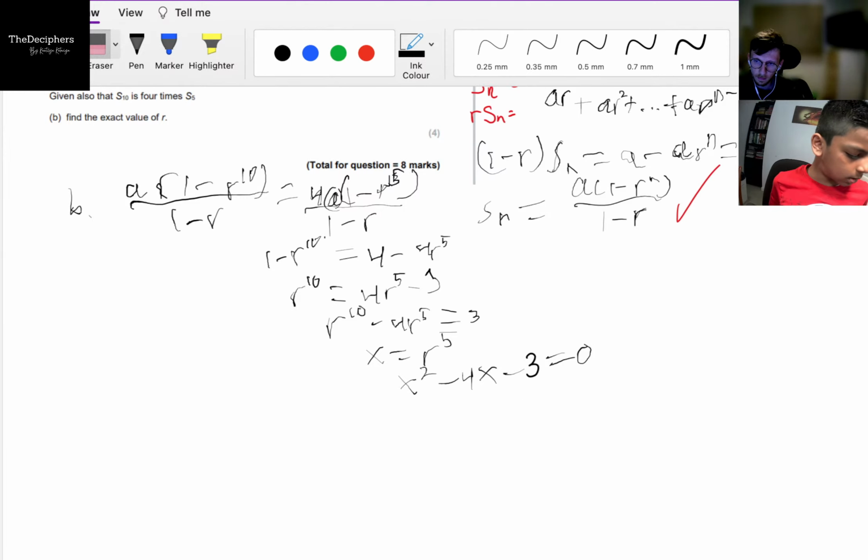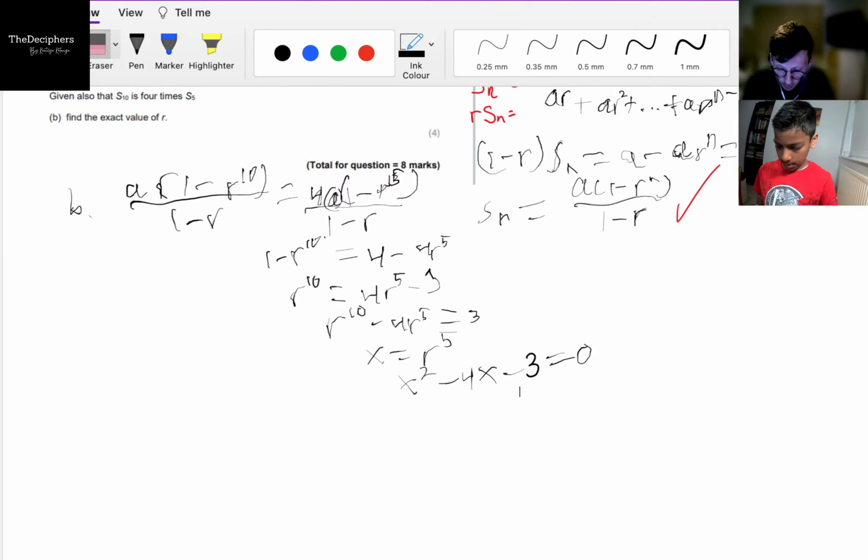It says find the exact value of r, so I guess it must be something squared. It might not be a square root, but let's just solve that quadratic as we would.